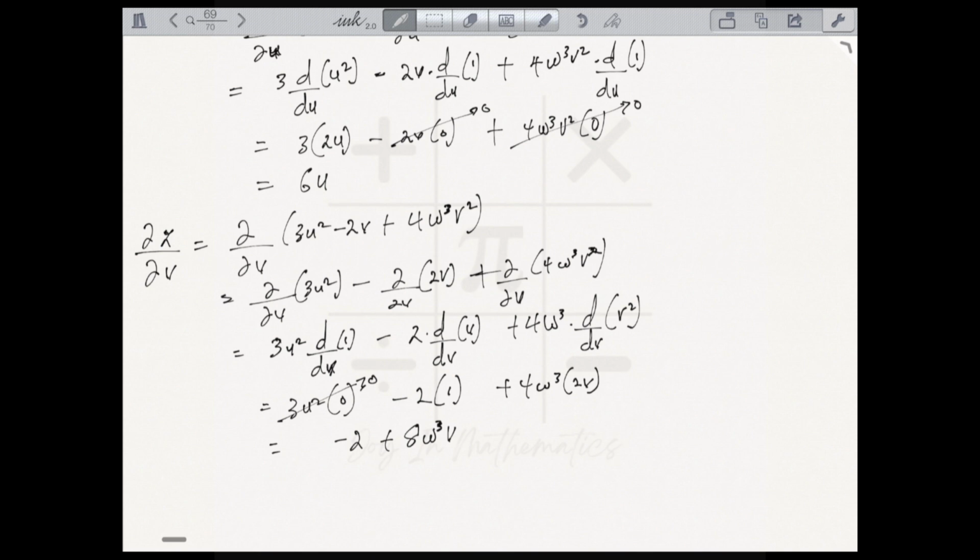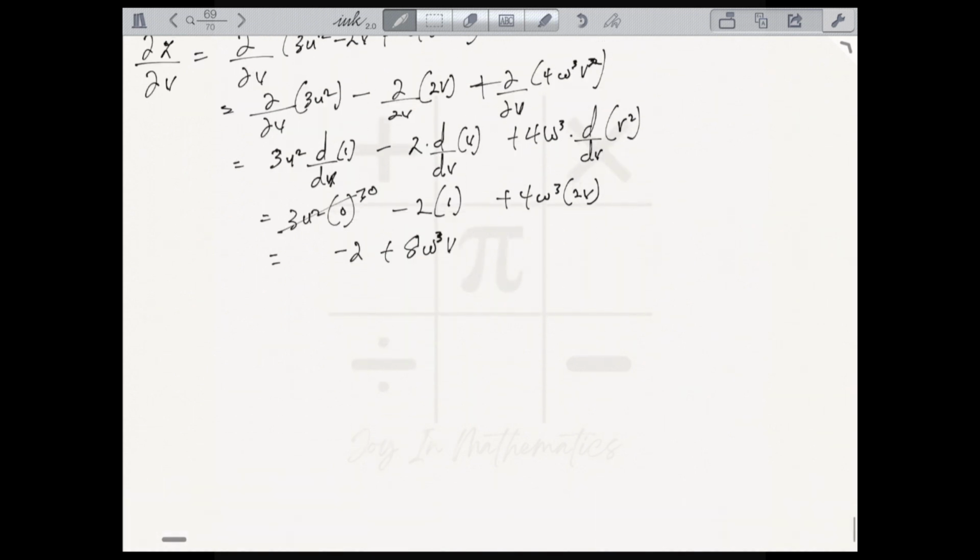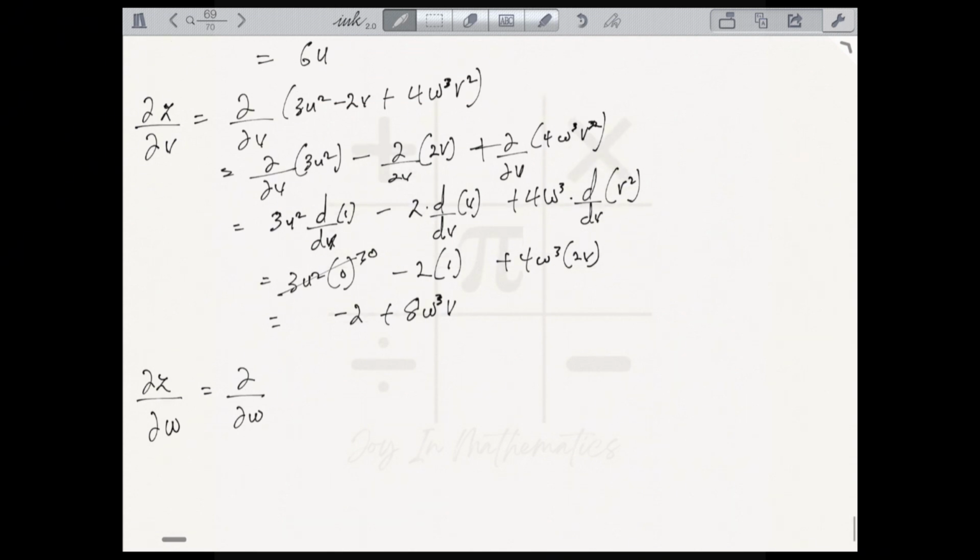And finally, you can pause the video now and try for dz dw. dz dw is d dw of 3u squared minus 2v plus 4w cubed v squared.